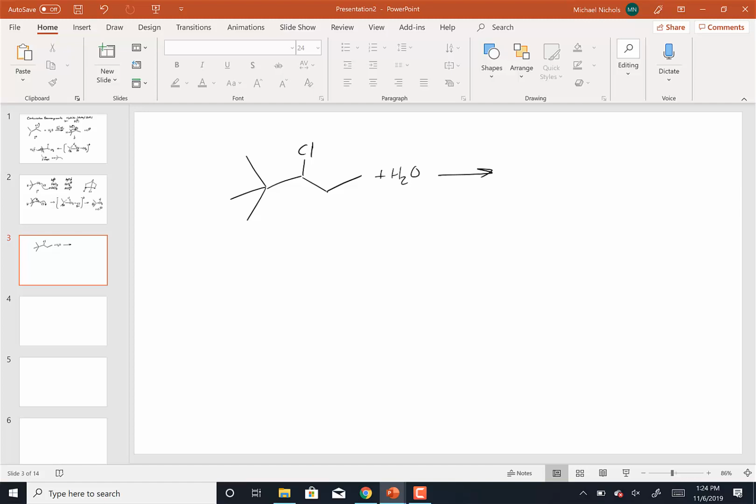So secondary system, weak nucleophile, SN1 and E1. And I say, let's write the rearranged product for SN1. First step, I mean, at this point it's got to be getting pretty annoying. First step, break the carbon-chlorine bond, make the carbocation.